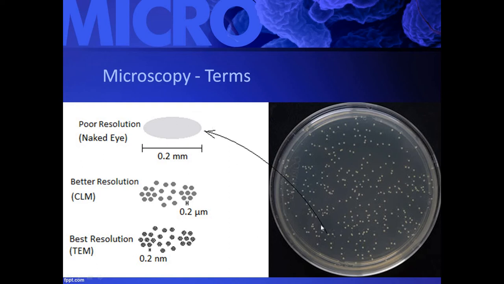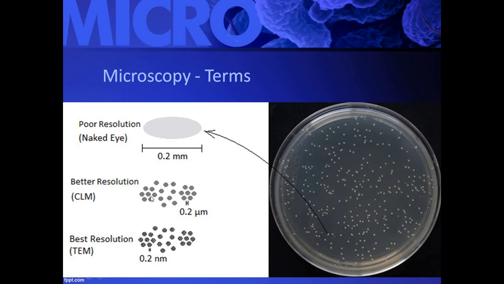If we magnify this dot over here, the naked eye sees it as one dot, while in reality, it is made of multiple dots, each dot representing a bacterium. If we have a better resolution, this magnification will reveal more dots, right? But the naked eye can't resolve more dots. So the compound light microscope can do that.